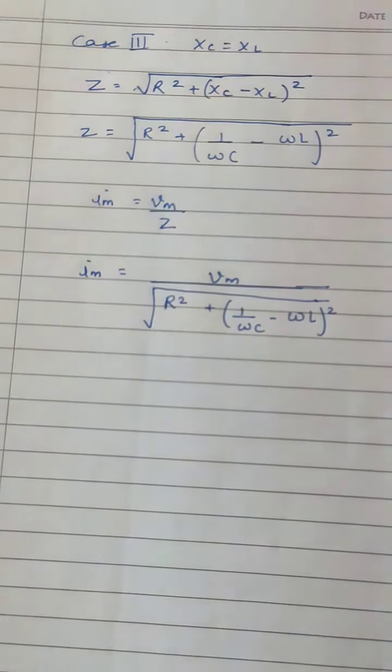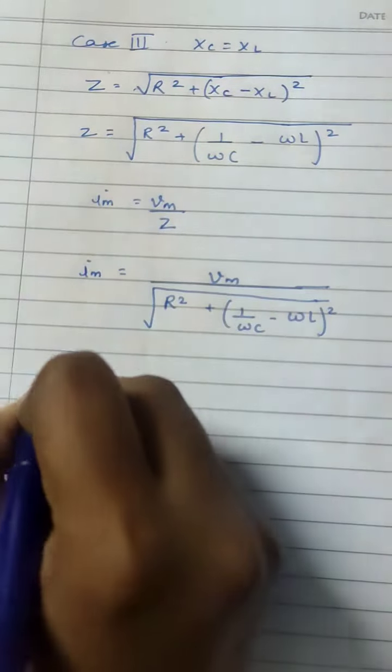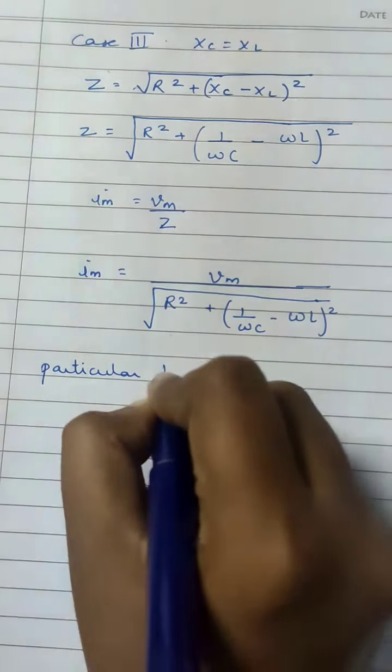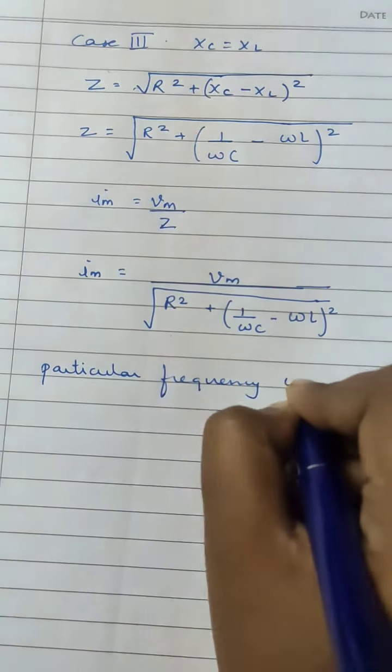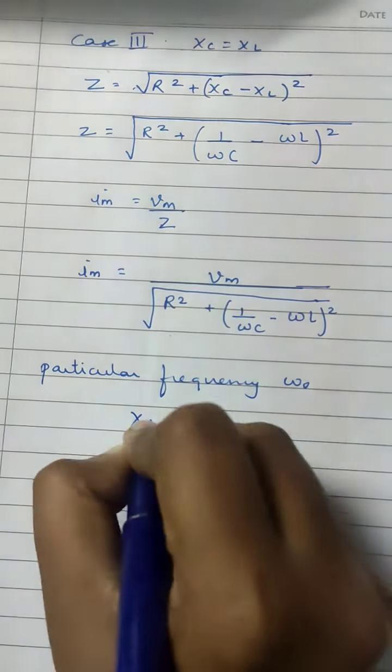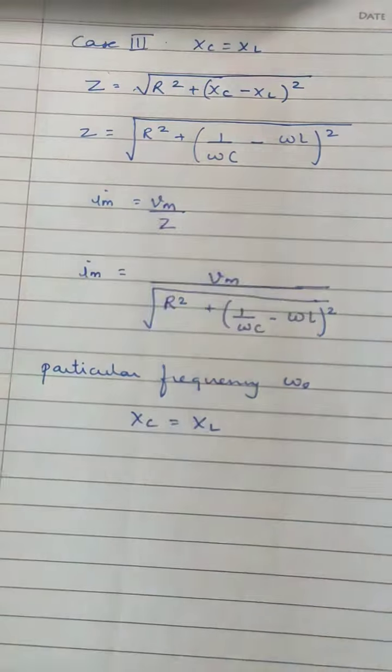If we keep varying the angular frequency such that XC and XL become equal, at that particular frequency, let me call it omega naught, we will get XC equal to XL.